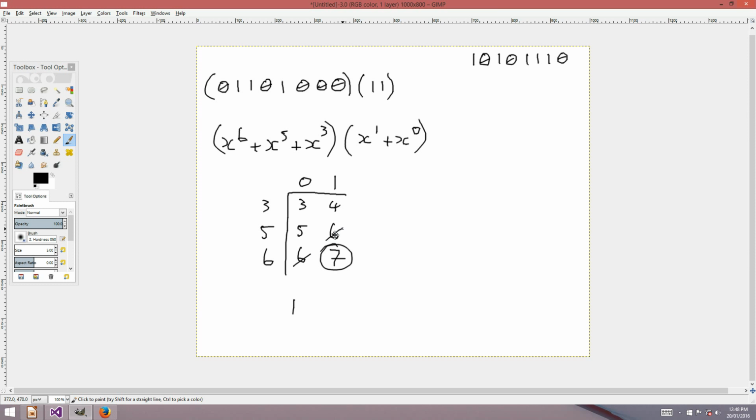We've got 2 6s. 2 is an even number, so we'll put a 0 there. We've got 1, 5, so I'll put a 1 there. We've got 1, 4, put a 1 there. 1, 3, so I'll put a 1 there. There's no 2s, there's no 1s, and there's no 0s.